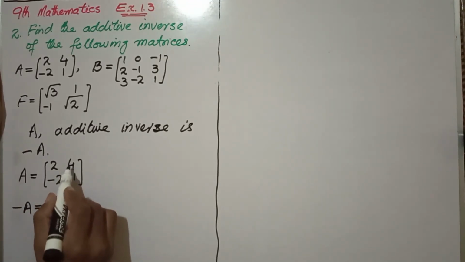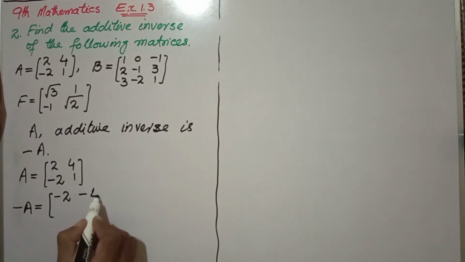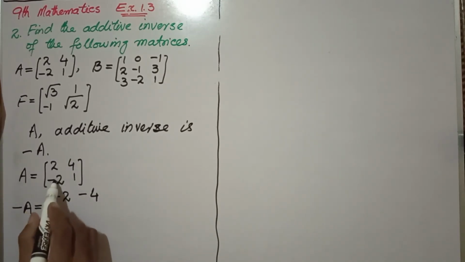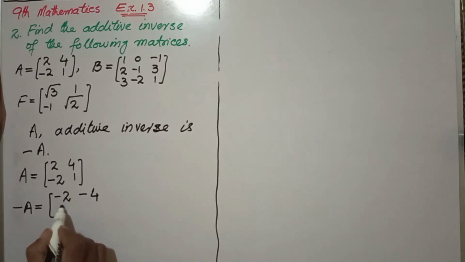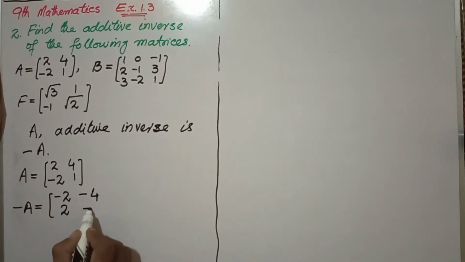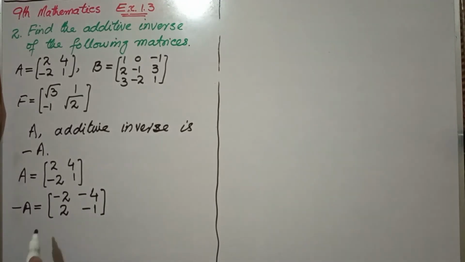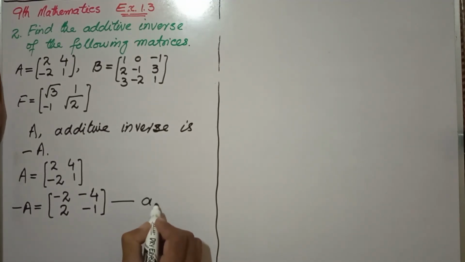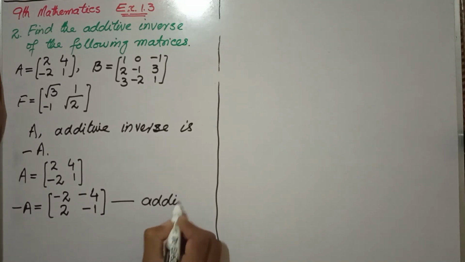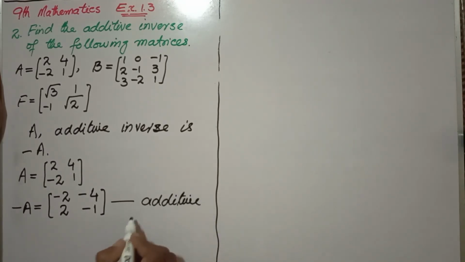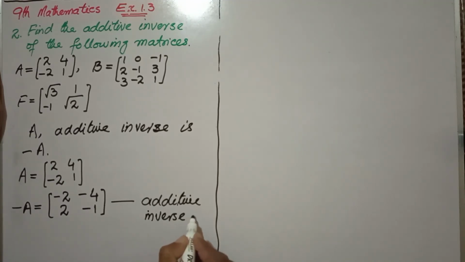Positive 4 becomes negative 4. Negative into negative becomes positive. And similarly, this becomes negative 1. Thus, this is the additive inverse of the matrix A.